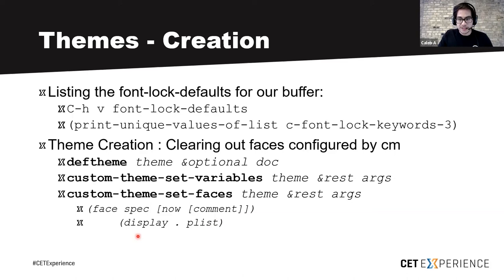This states how the face should appear on different kinds of terminals. But we can have all our attributes, the height, the weight, etc., display for all terminals by simply putting in t for display. And the plist is the list of attributes.